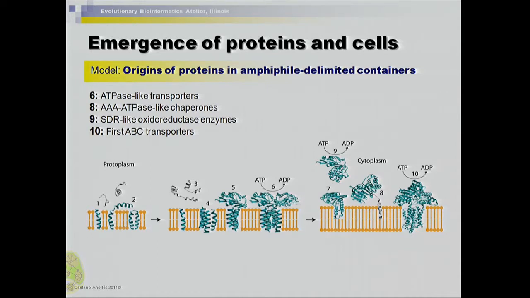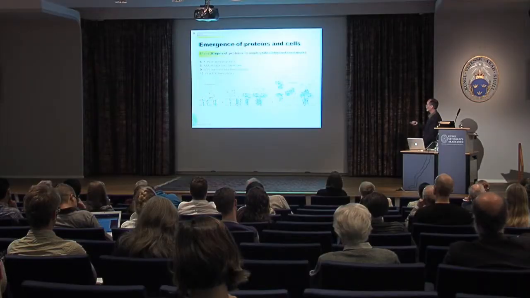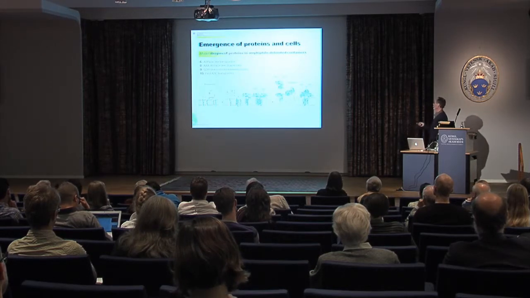And then as time progresses, bulky extrusions of these primordial structures will become globular, and these will be the first oxidoreductase enzymes that you would have. And then later on in evolution, as new and more sophisticated bundles were discovered that appear quite late, by the way, in our timelines, then you would have the more mature ABC transporters. So this is kind of a flow diagram that shows an origin of proteins embedded in membranes being a plausible alternative.